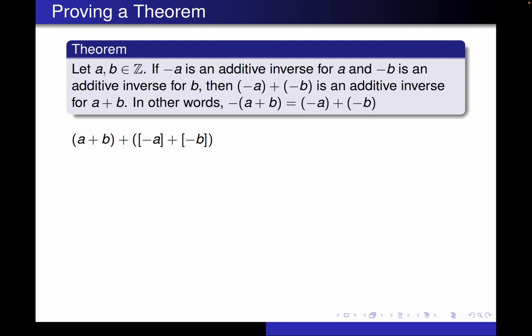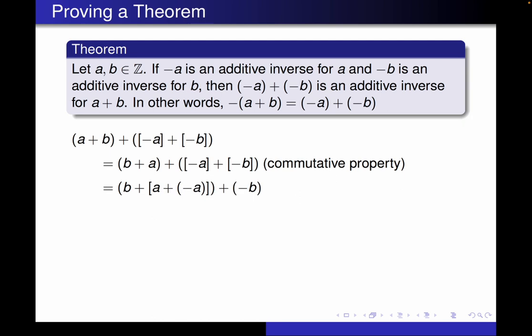The first thing I'm going to do is note that a plus b is the same as b plus a. So I'm just going to replace a plus b with b plus a, and it turns out that's going to make our lives a little bit easier. And that's by the commutative property of addition: a plus b is equal to b plus a. Now I'm going to use the associative property to rearrange the parentheses, so I get b plus (a plus negative a) plus negative b.